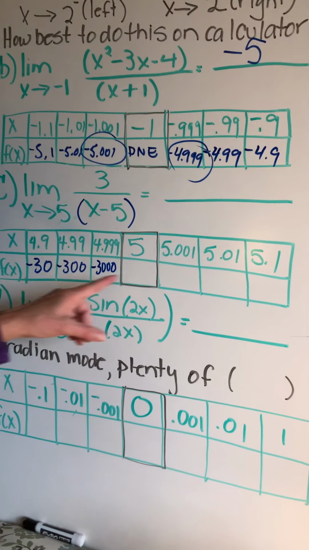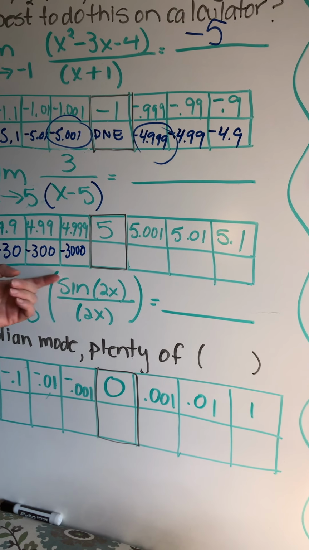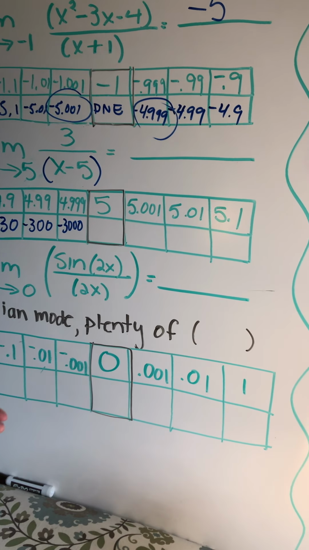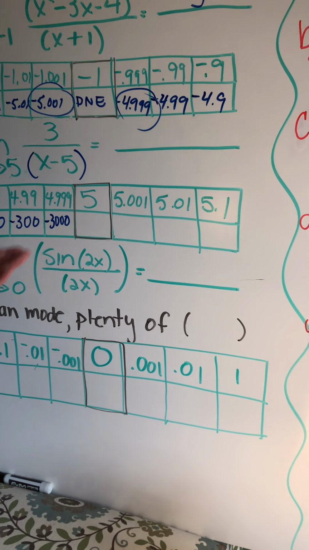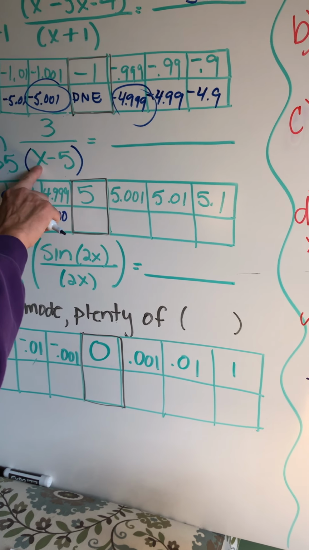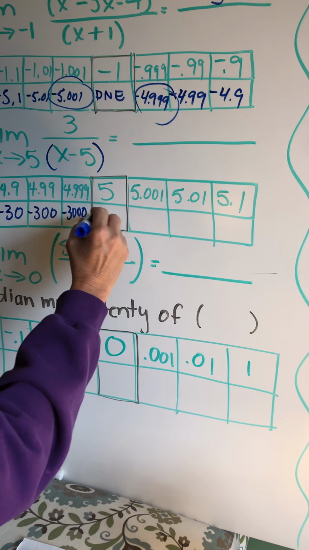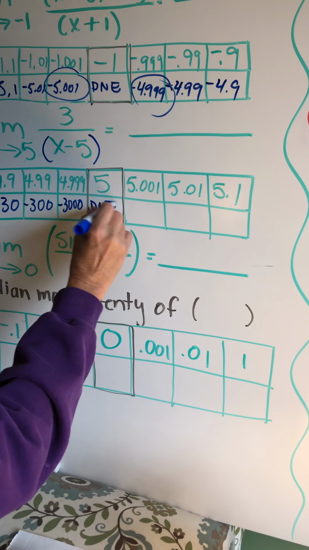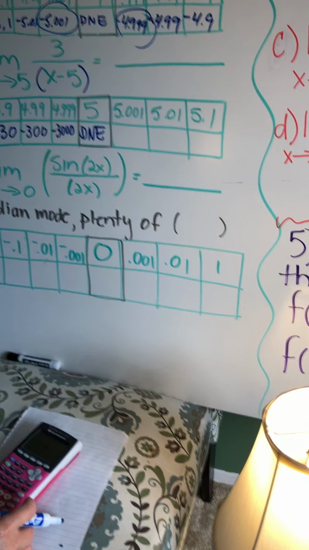As x approaches 5 from the left, this is -30, -300, -3,000. I'm not so sure that the function is approaching any value. Let's take a look. When we put a 5 in here, because it's super easy, notice we can't divide by 0 again, so this does not exist.